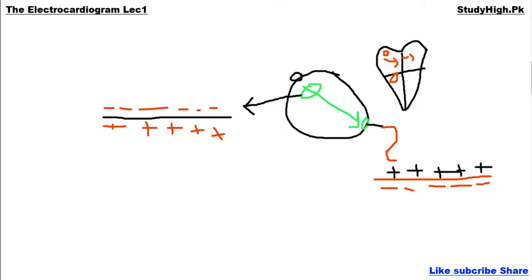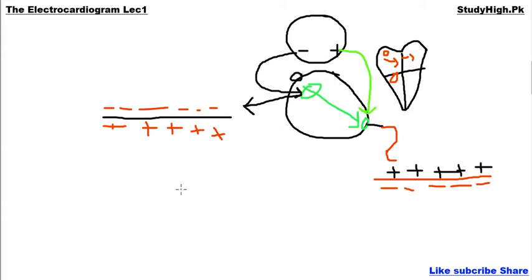So what will happen if we connect a voltage meter whose negative and positive terminals are connected with portions of our heart? If the negative terminal is connected with this cell membrane area and the positive terminal is connected with this area which is furthest away from the SA node.